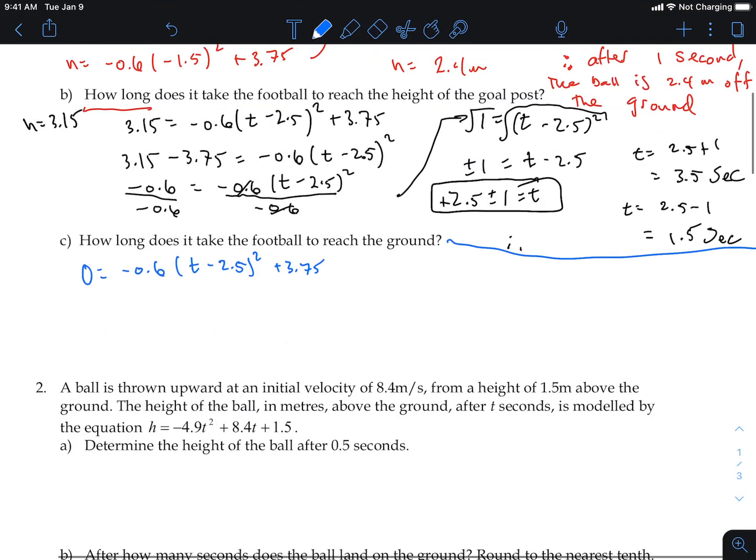So let's just do the work on it. Going to bring the 3.75 over. Divide both sides by -0.6.